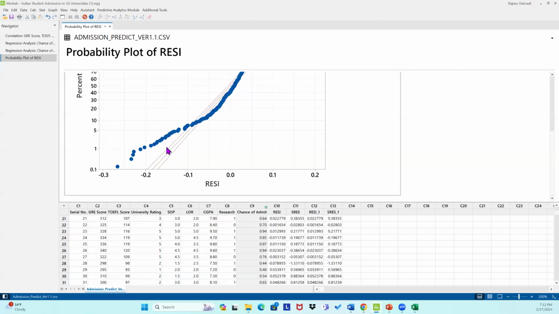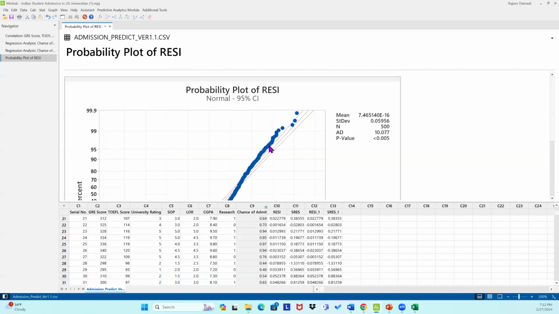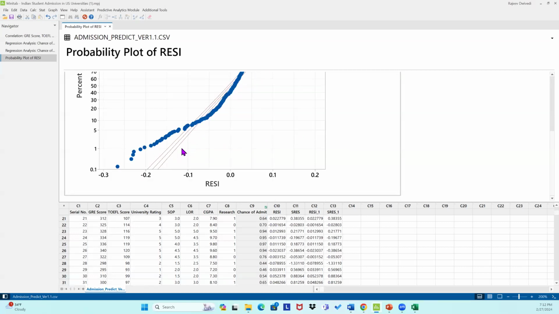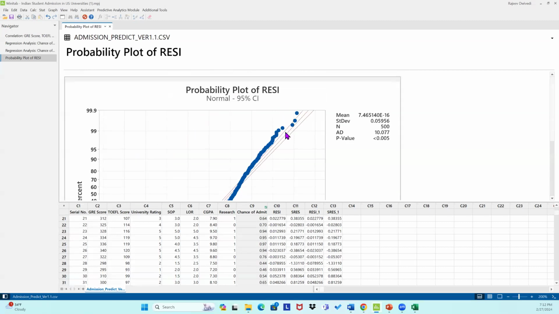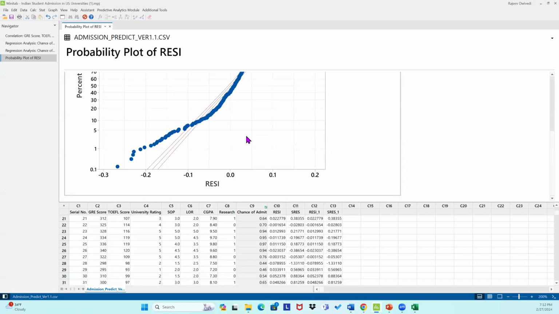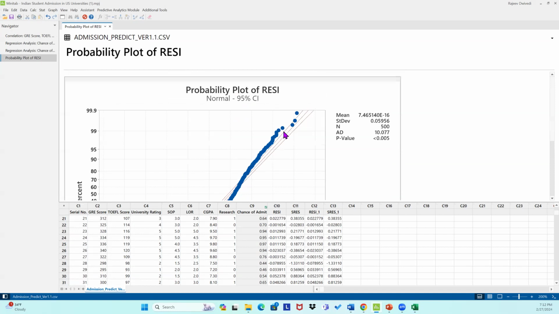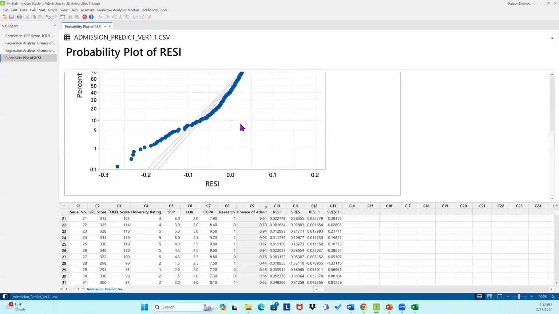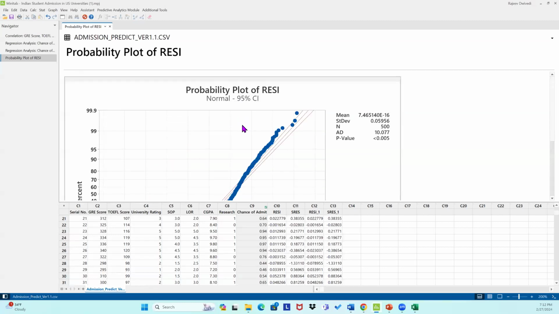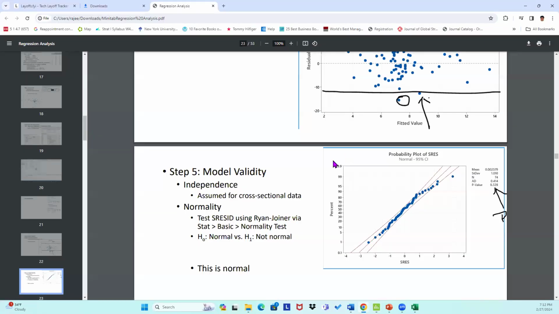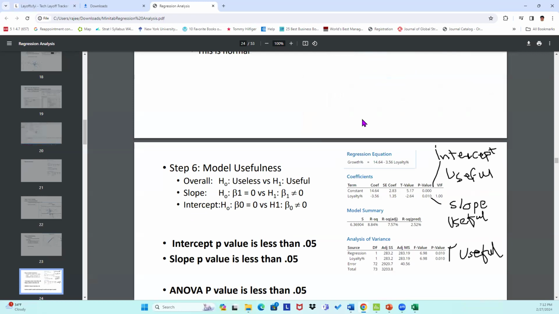But if many points are going out of this, then this is not normal. At 5%, maybe at 20% it may be normal, but not at 5%. Some researchers change the confidence level from 95 to 90, and try to see at what level it is normal and not normal. So some change this.